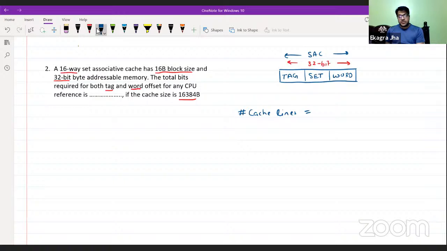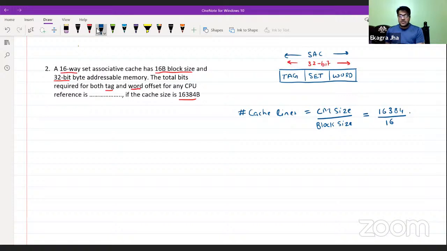Number of cache lines you can find with the help of cache memory size divided by the block size. In our case, the cache size is 16384, which is in bytes. And the block size is already given, 16 bytes. So bytes got cancelled. Remaining is 16384 divided by 16.